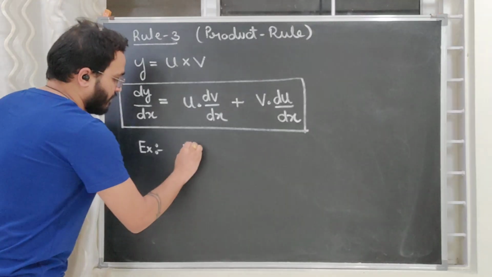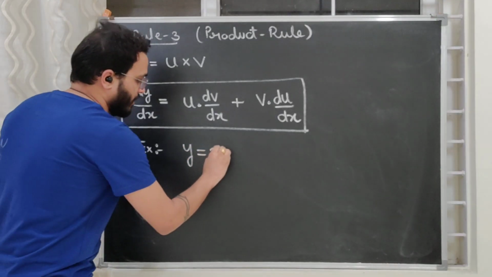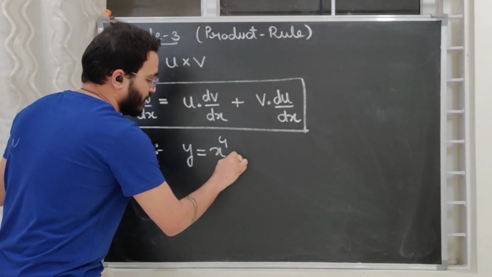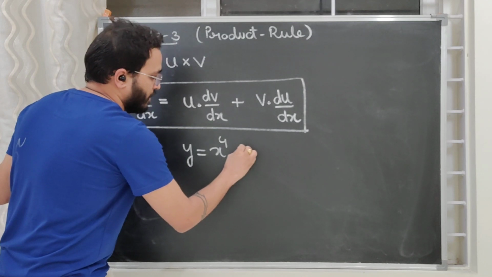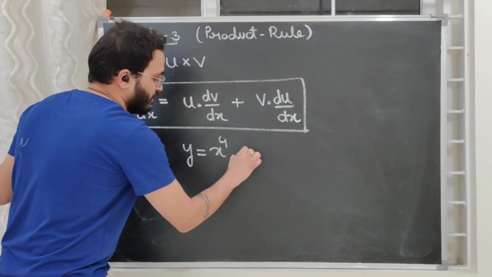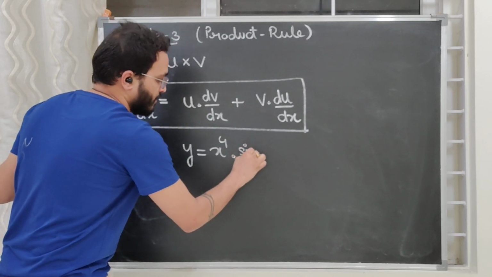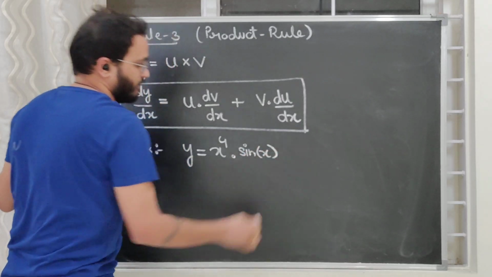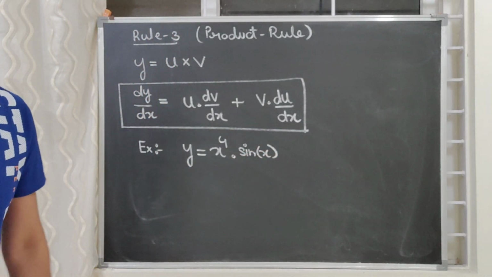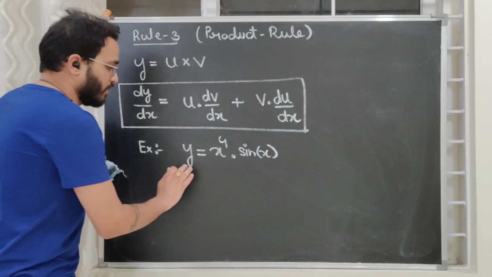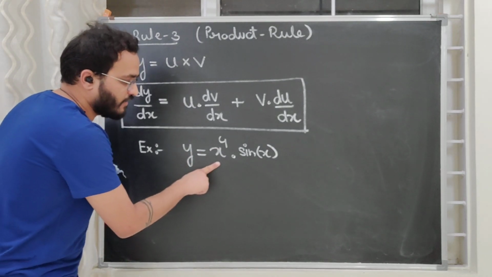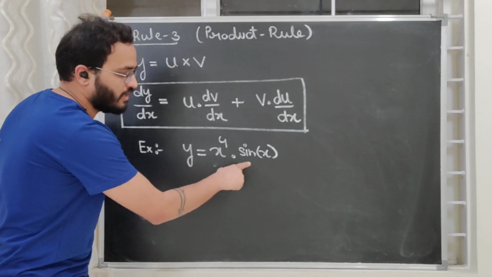Suppose y is given as x to the power 4 dot, let's say, sine of x. So x to the power 4 dot sine x. Okay. Now, can you see that this is one function u and this is one function v?